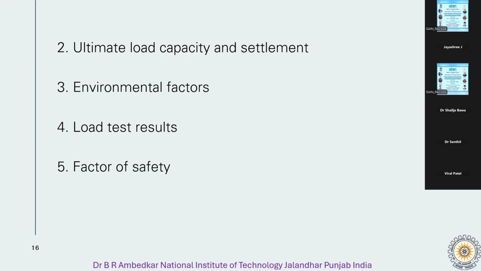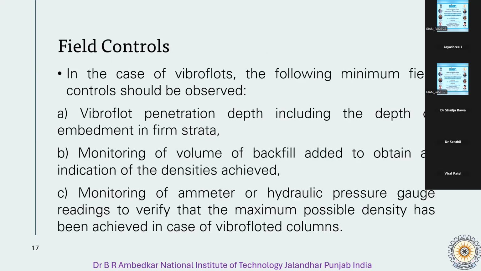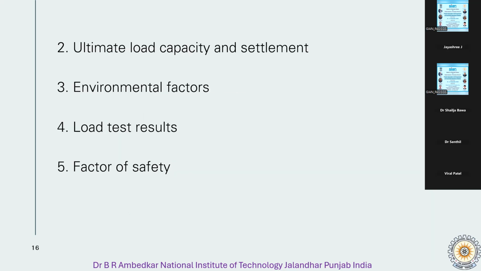Factor of safety. We have to consider some points for deciding the factor of safety. For example, how reliable is the value of the ultimate load carrying capacity of the column? What is the type of the superstructure and the type of loading? What is the allowable total and differential settlement of the structure? What is the manner of load transfer from stone columns to the soil? We have to keep all these points in mind while deciding the factor of safety.